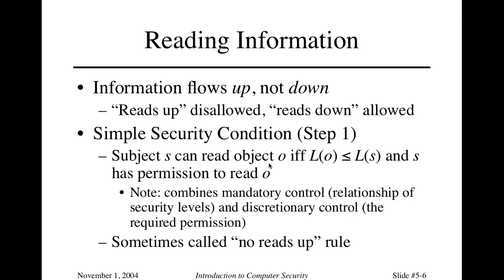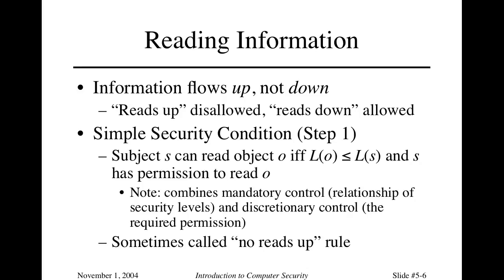Most formally, the rule is read as: subject S can read object O if and only if the object security level is lower than or equal to the subject security level.